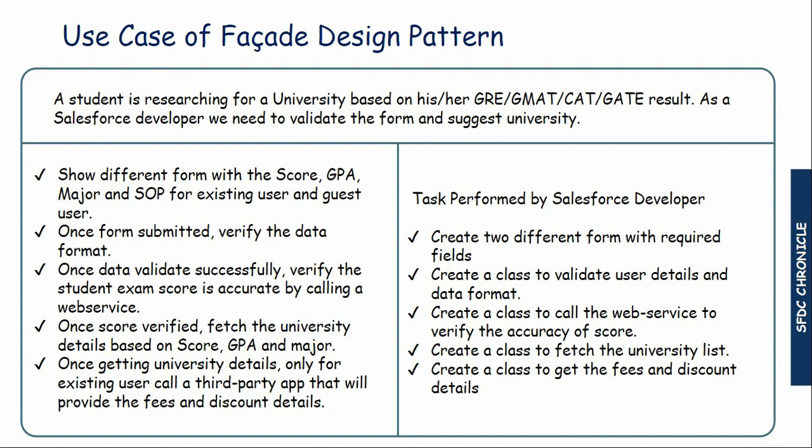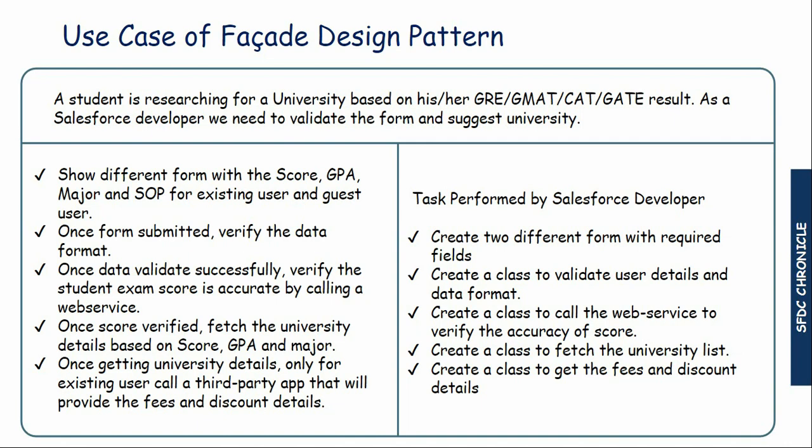There is a third party web service that can tell us whether the score provided by the student is accurate and authentic or not. After the score verification happens, we fetch the university details based upon score, GPA, and major.